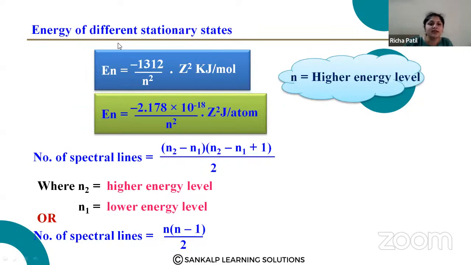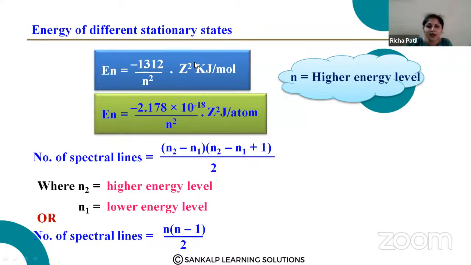Then how to calculate the energy of different stationary states? Here n is the higher energy level, and we are calculating the energy of different higher energy states. En is equal to minus 1312 upon n square into Z square in kilojoules per mole.